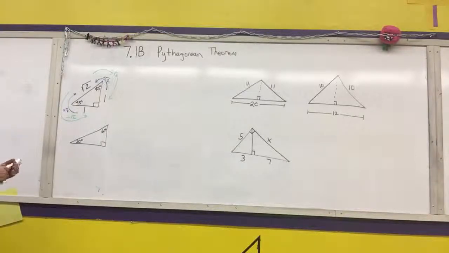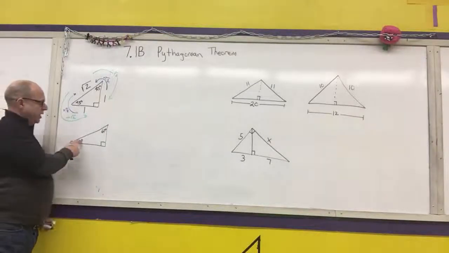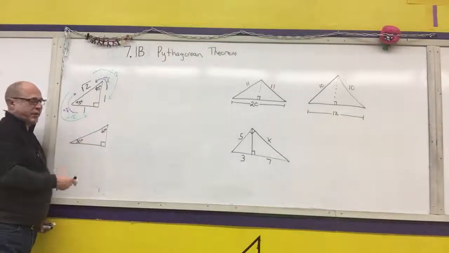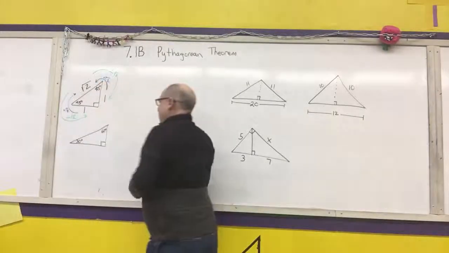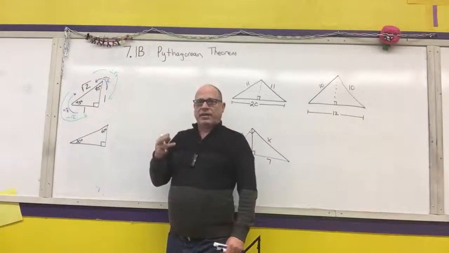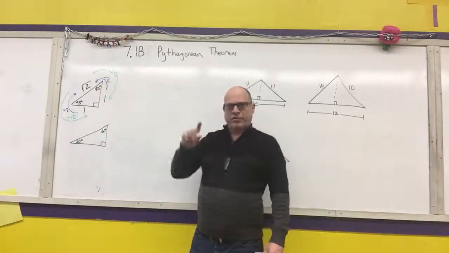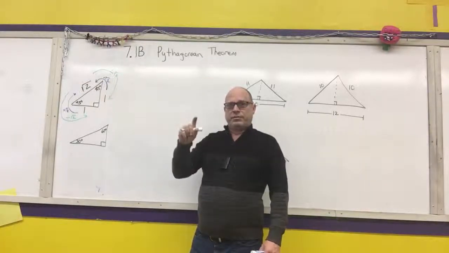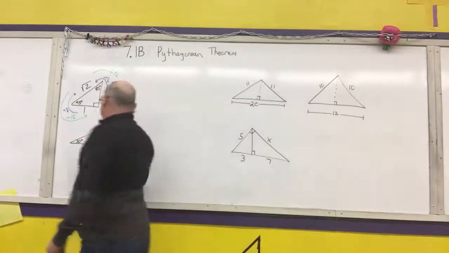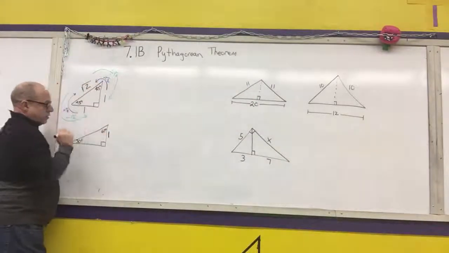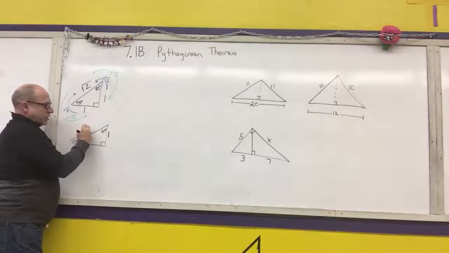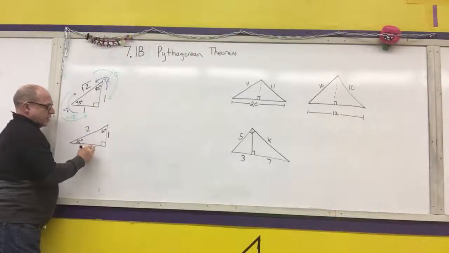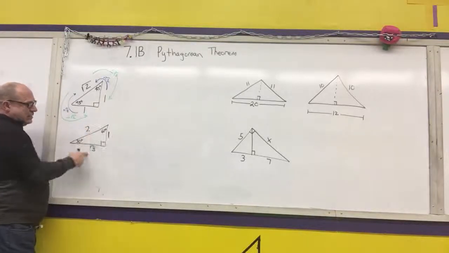The other triangle that you need to have memorized is a 30, 60, 90-degree triangle. The three side lengths are 1, 2, and the square root of 3.